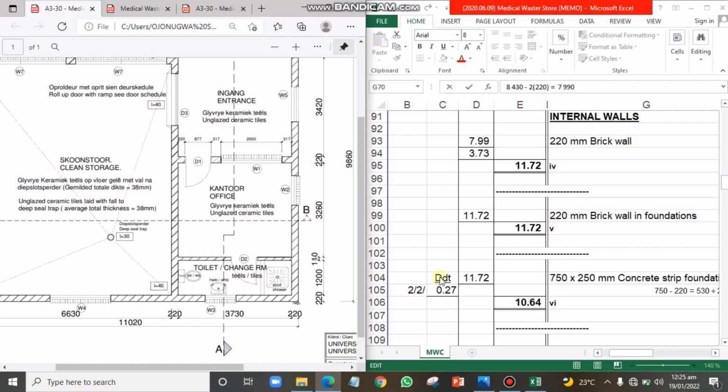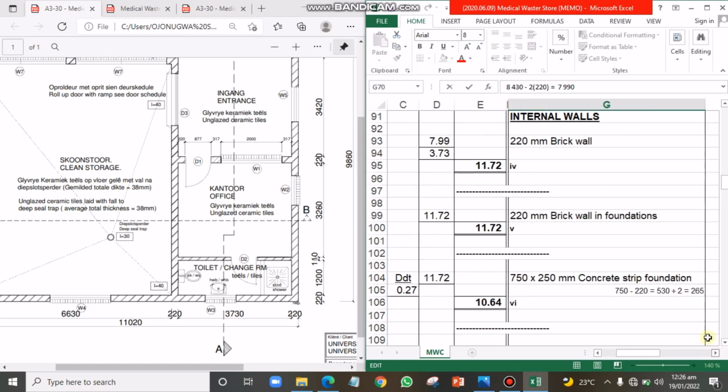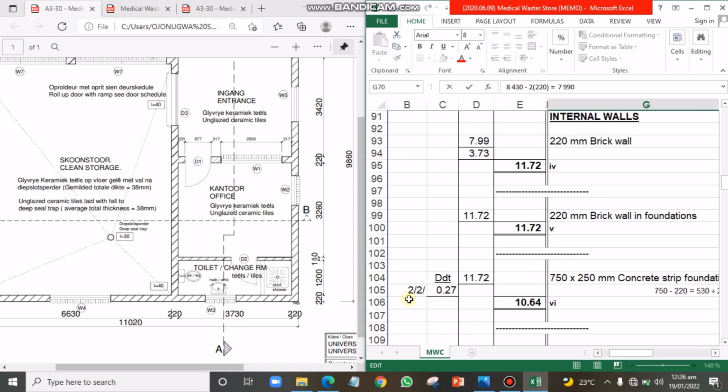That is the reason why we are having deduct 2 by 2, because we have two spread along the longer wall and two spread along the shorter wall, and we are multiplying it by the spread which I have calculated earlier by subtracting 220 from the foundation width, which is 750, divided by 2. So we got our spread to be 265. That is why I have it at 0.27. So we have 2 by 2 by 0.27.